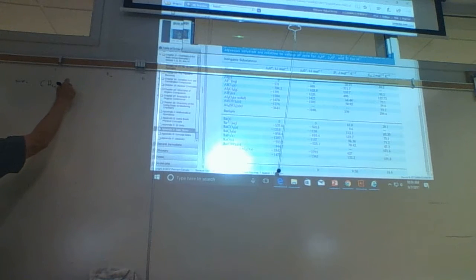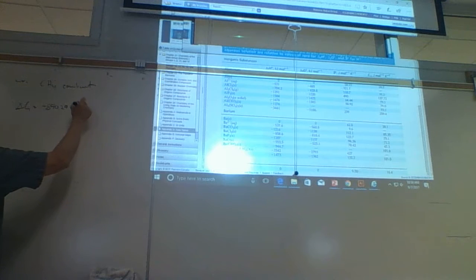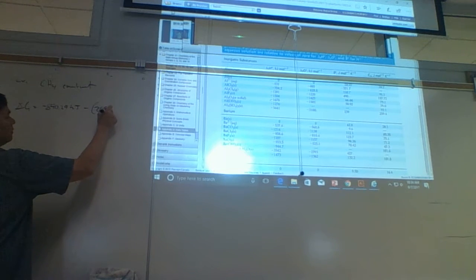If I combust methane, a mole of it, let's calculate our delta G. Delta G is equal to delta H, which was minus 890.29. I erased it. Wasn't paying attention too much. Minus 890.29 kilojoules, minus T, the temperature is going to be 298 Kelvin.